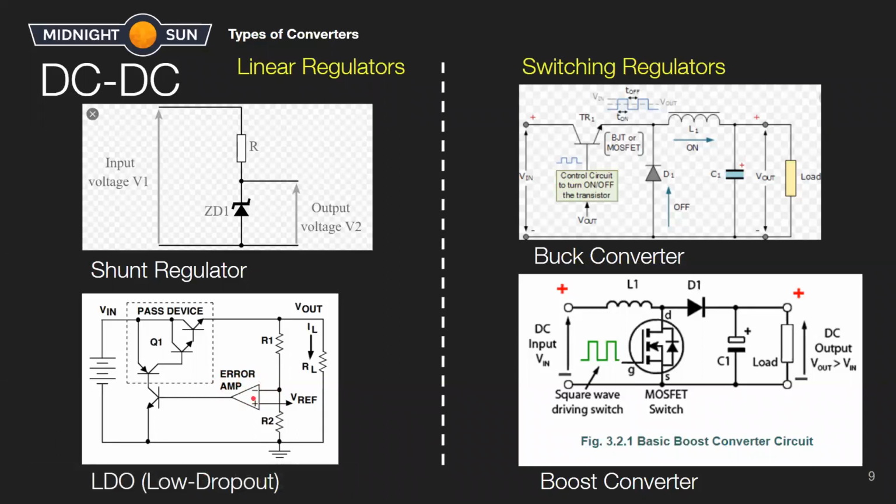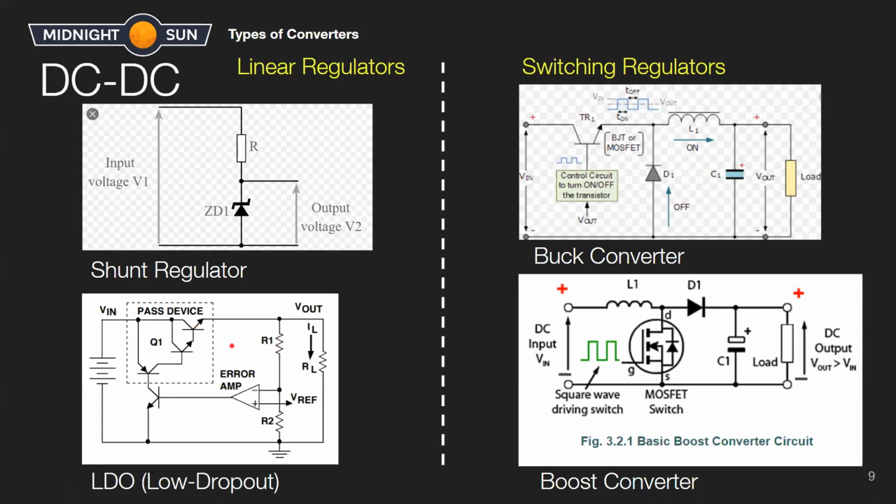If you're unfamiliar with an error amplifier, it's basically an op-amp in a feedback configuration that will output the difference in the voltage reference versus the voltage reference at the other terminal, the inverting terminal.